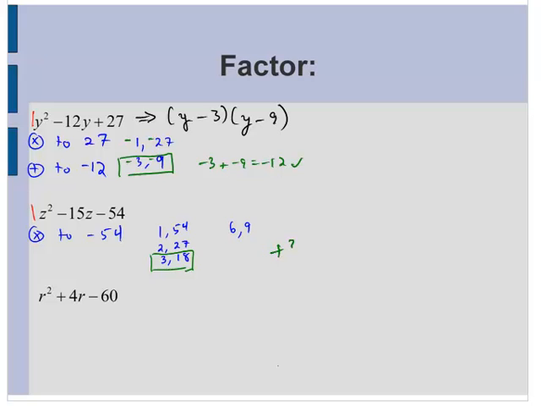So I would want a positive 3 and a negative 18, because positive 3 plus a negative 18 gives me a negative 15. So the pair of numbers that I want is positive 3 and negative 18, and I would write the factored form as z plus 3, z minus 18.